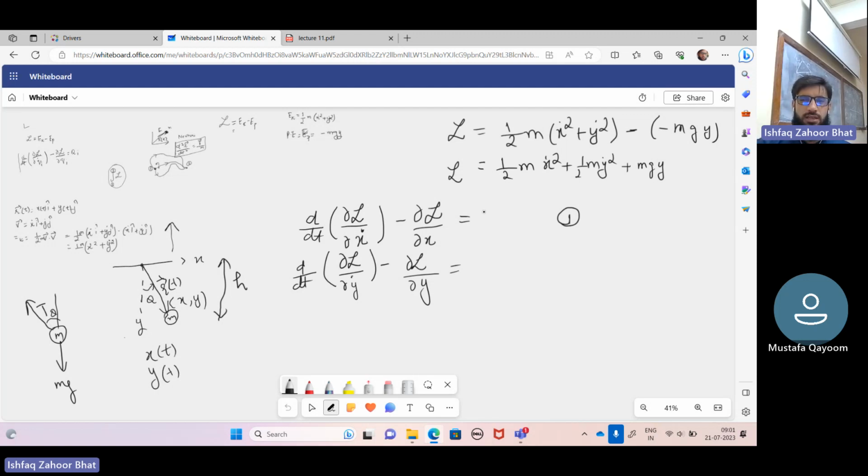In the x direction, the component of this T will be minus T sine of theta, and in the y direction it will be T cos of theta. Is this okay? Yes, sir.